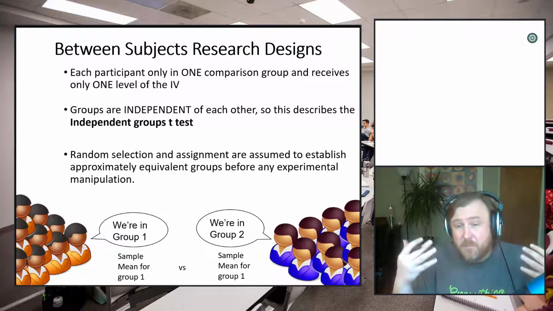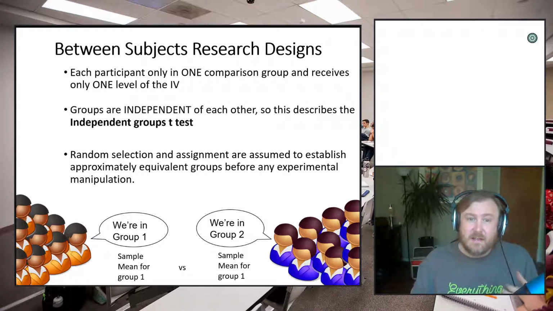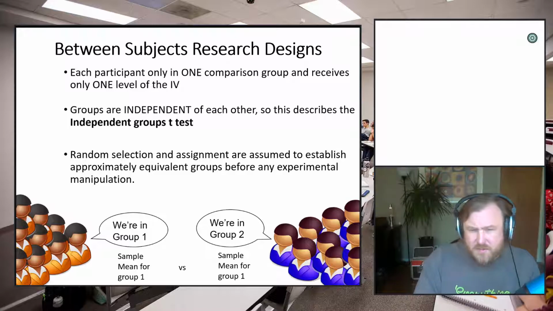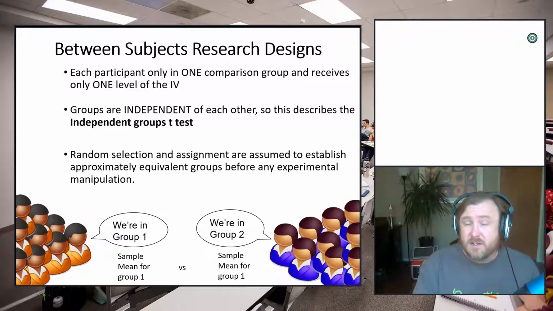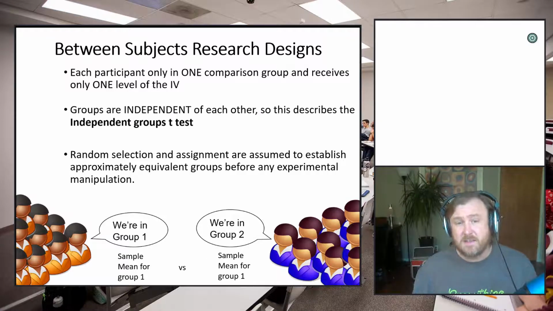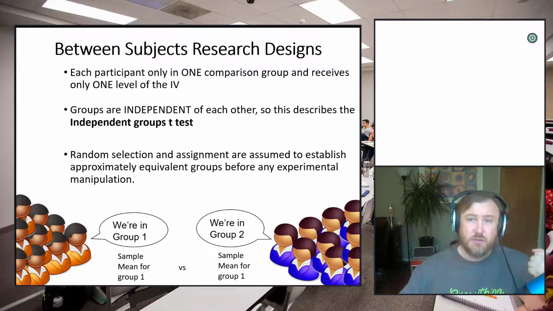And the likelihood that some weird person would be in group 1 is equal to the likelihood that they would be in group 2. So when we have a sufficient sample size, we can assume group equivalence. And that allows us to compare one group mean to another group mean, both of which contain unique participants.